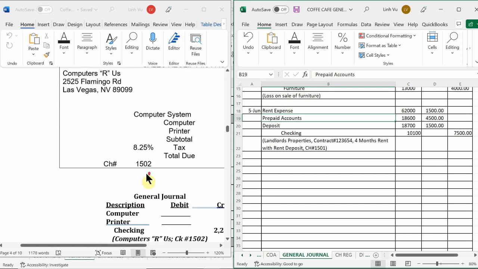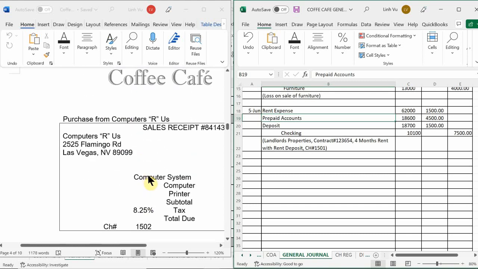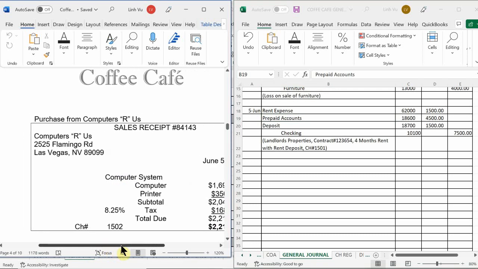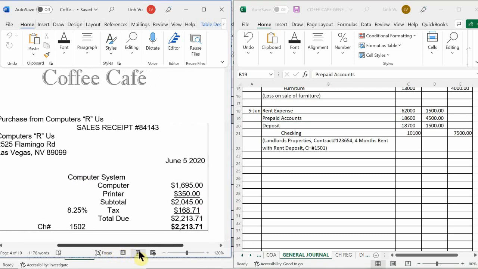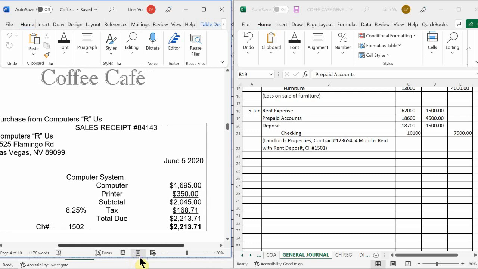So now we decided to go to Computers R Us. We went on June 5th and ended up purchasing a computer system.